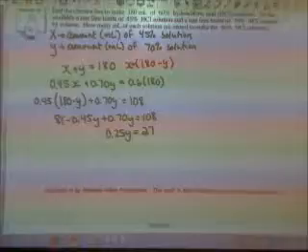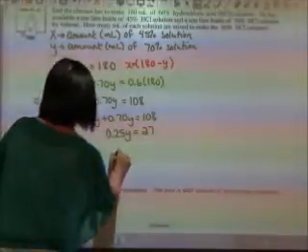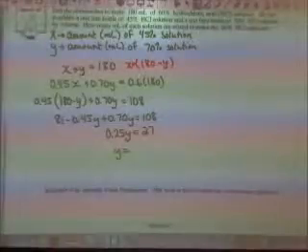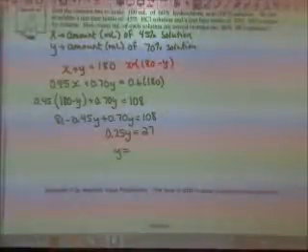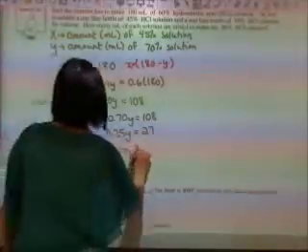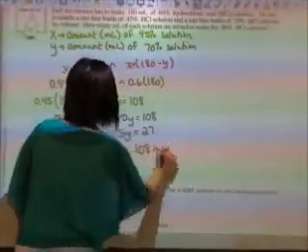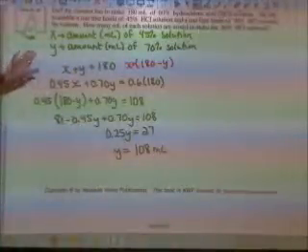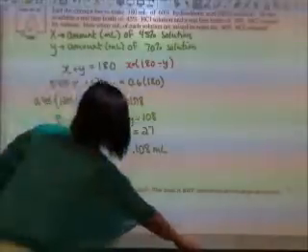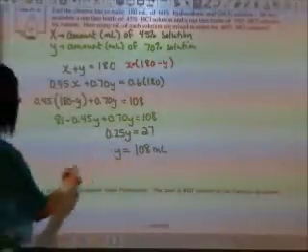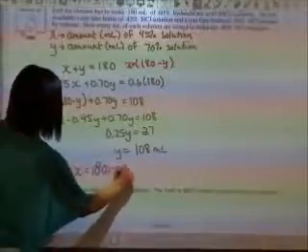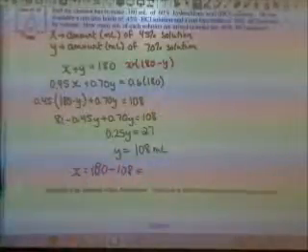And then I divide by 0.25, and what does y equal? And this is 108 milliliters. So I need 108 milliliters of the 70% solution. And then the X is 180 minus 108, which is how much?